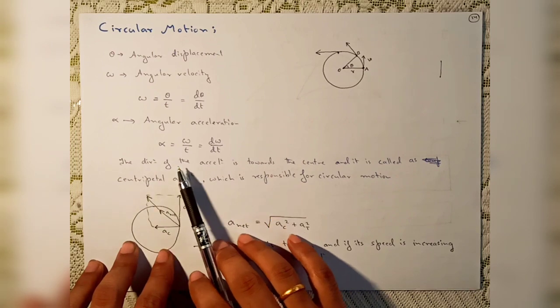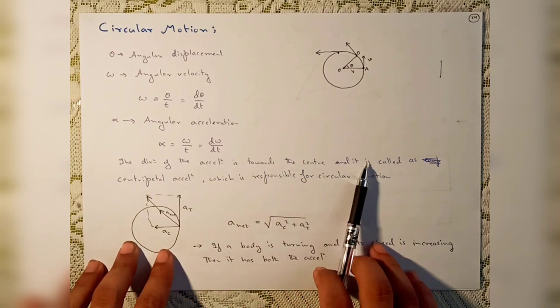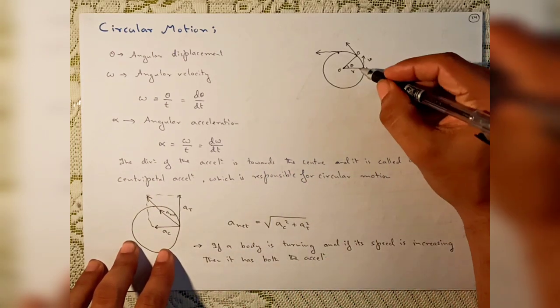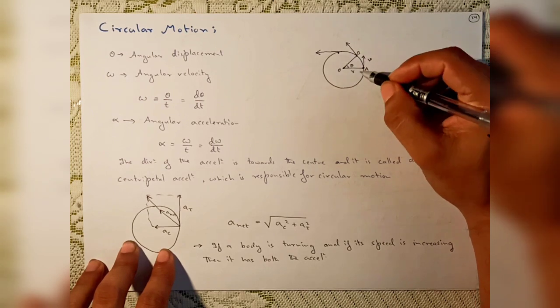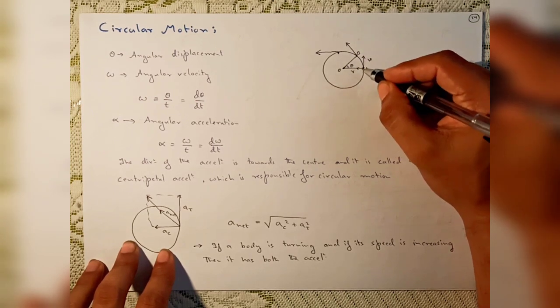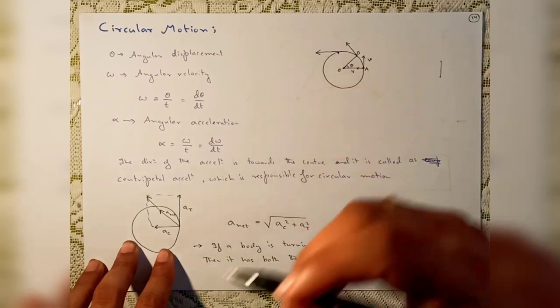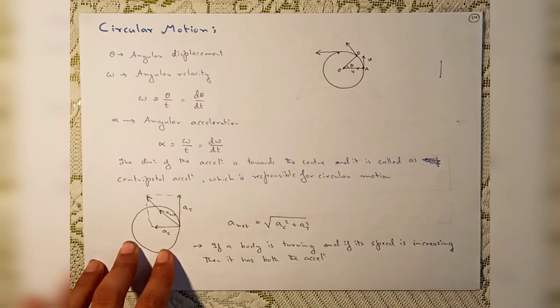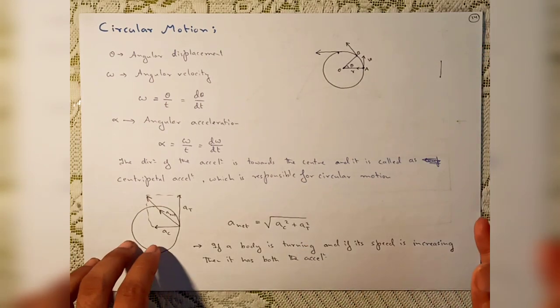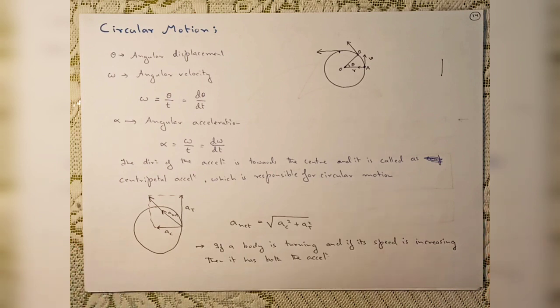The direction of acceleration in case of circular motion is towards the center, and this type of acceleration is known as centripetal acceleration. It is the acceleration needed to keep a body in circular motion, and is given as v square divided by r.